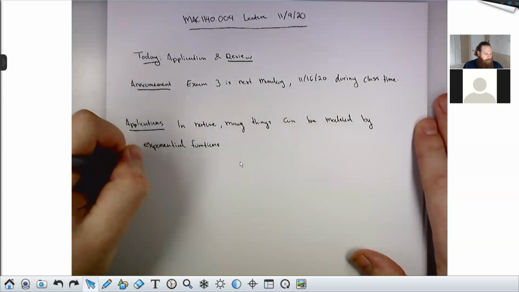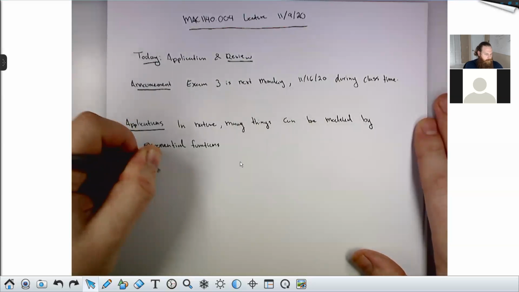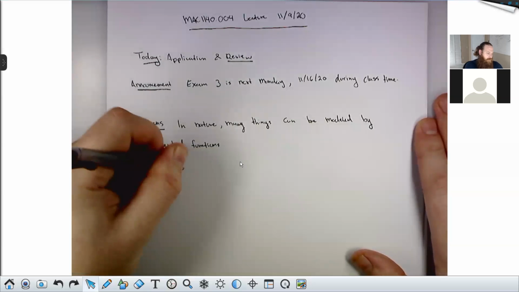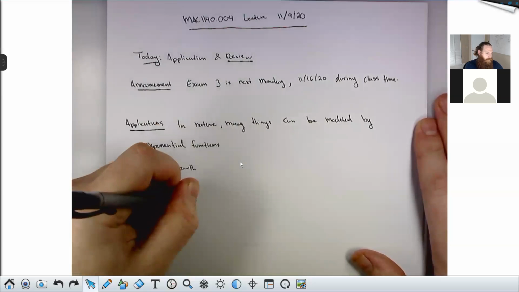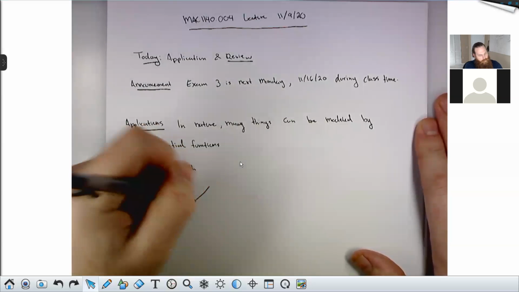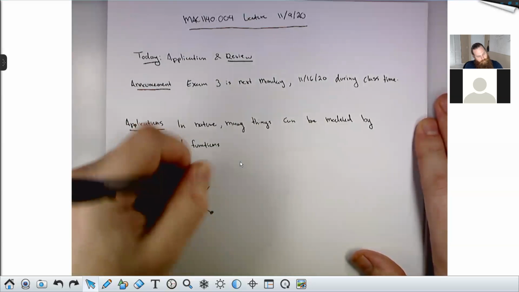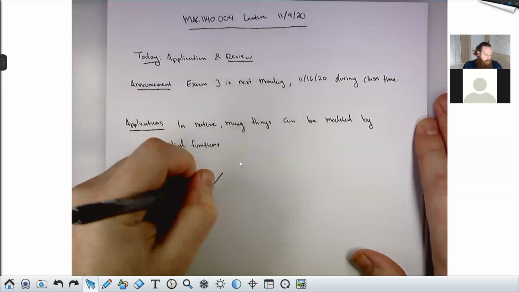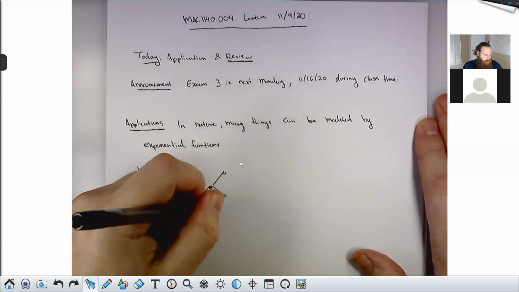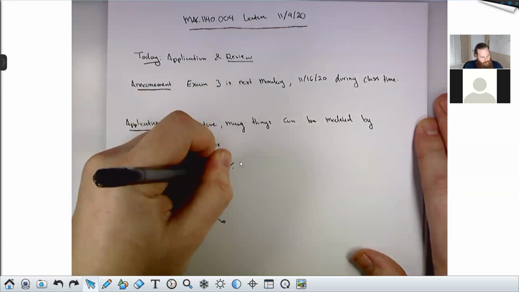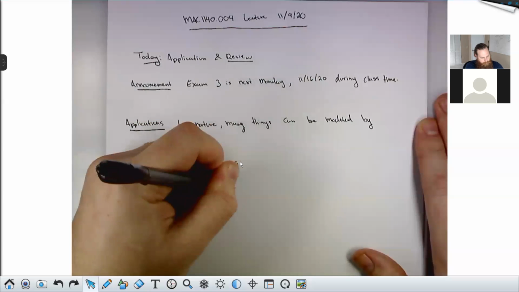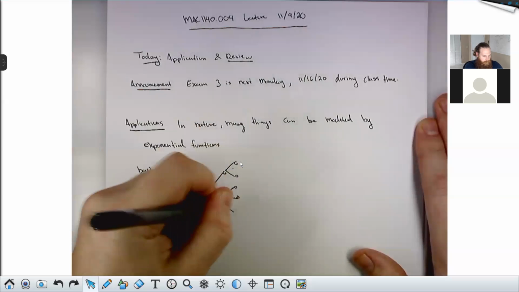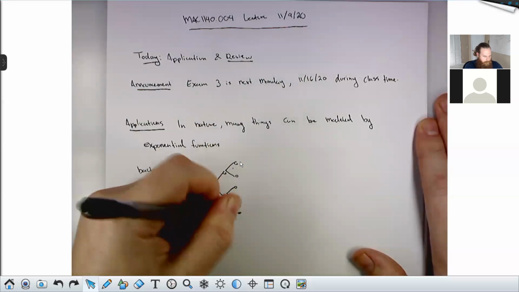So think about bacteria growth. You've got one bacteria, and he splits into 2, or some other single cell thing. And then each of those split into 2. And then each of those split into 2. And so on.